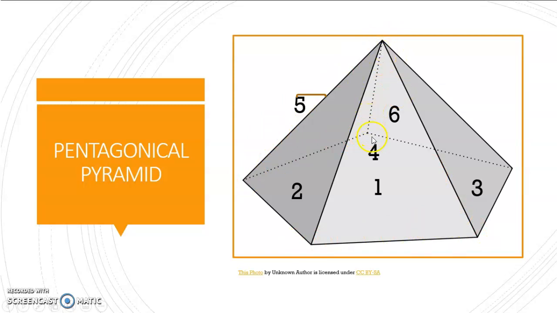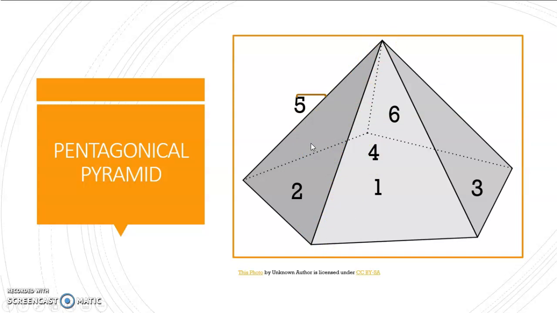And the sixth one is this one at the back. So it is 5 sides plus 1 is 6 faces. And note again, our base face is the shape of the pyramid at the base, which also decides what we call the pyramid, and then the side faces are all triangles.